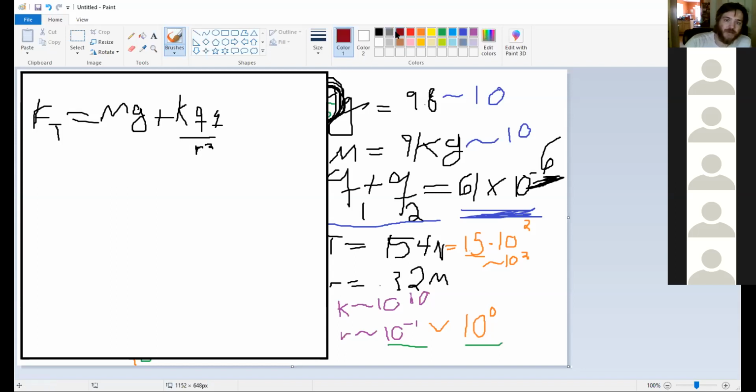And then when we're doing the actual calculation, we can check that against it to make sure it's in the same range, but we don't want to use that as our be all end all. So we've got 154 equals, and that's 9 times 9.8, so that's 76.4. Plus, wait, let me make sure that that's right. So 79.2, I'm sorry.